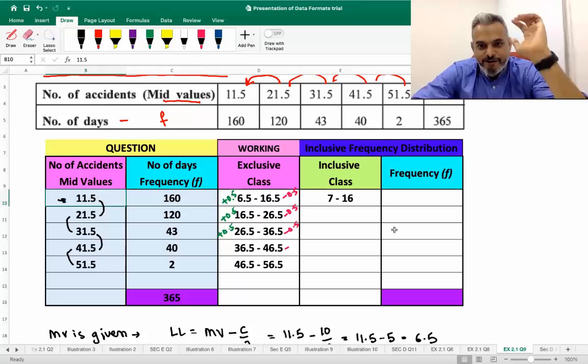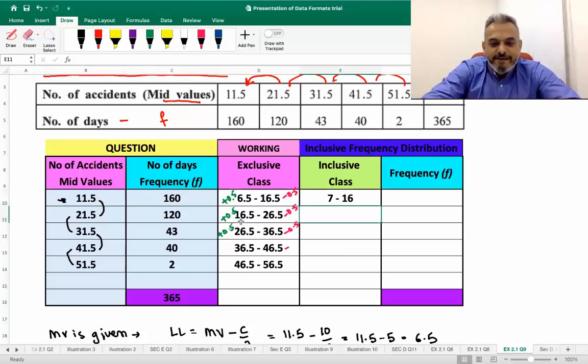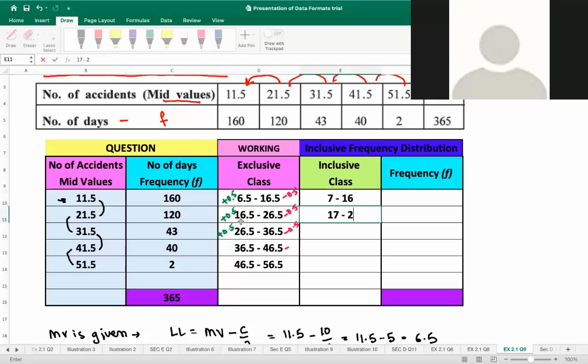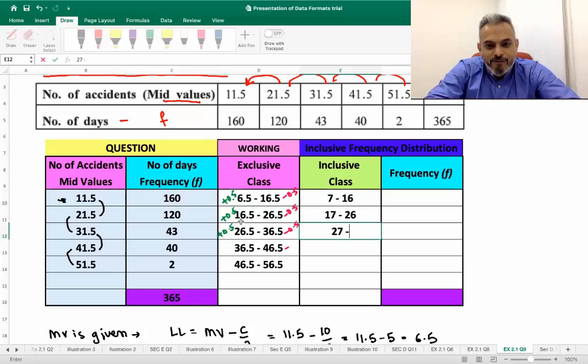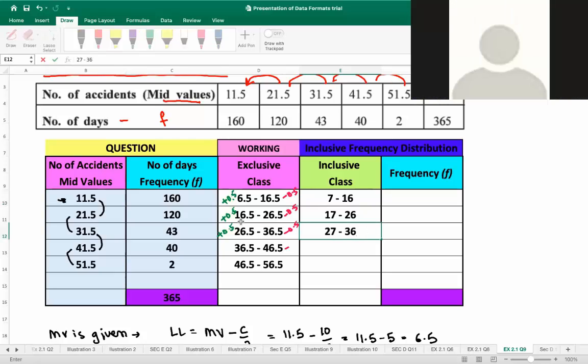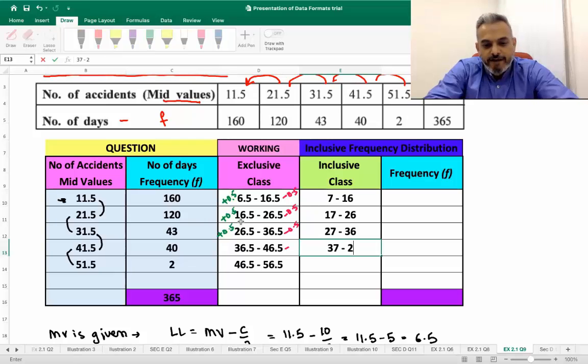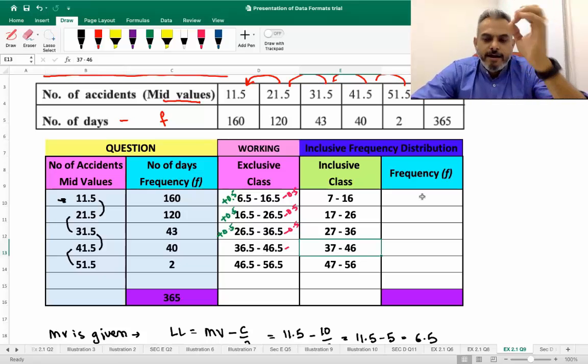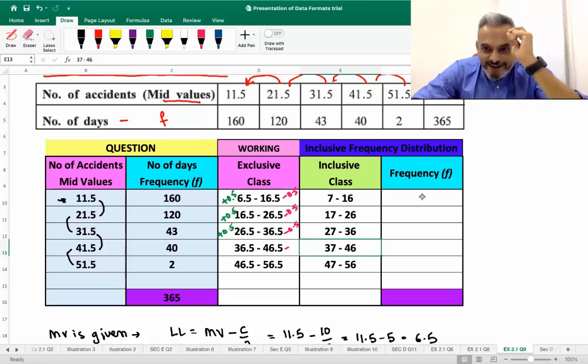Mid value is 11.5. Now next class, it is 17 to 26, then 27 to 36, then 37 to 46, and then 47 to 56. Randomly check कर लो कोई भी से 37 plus 46 is 83 divided by 2, 41.5. हमेशा क्रॉस वेरीफाई करके ही करना है, whether you do stats, whether you do accounts.